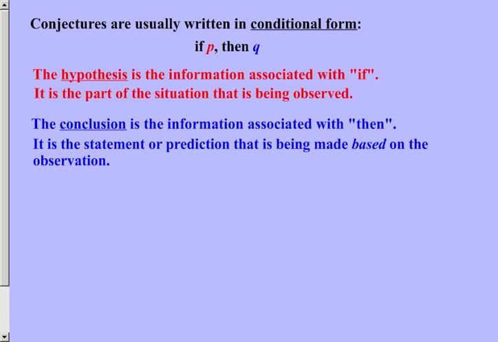So going back to the previous slide, conclusions would be, well, the sun will rise tomorrow. We saw it rising every day, so we make the prediction, the conclusion is it will rise tomorrow. Or the conclusion is, you reach down, you pet that dog, it is going to bite you again. That's the conclusion, the statement or prediction that is being made based upon whatever your observation was.